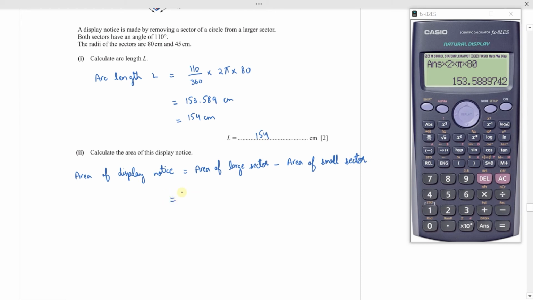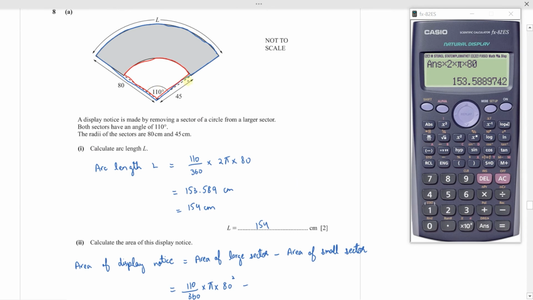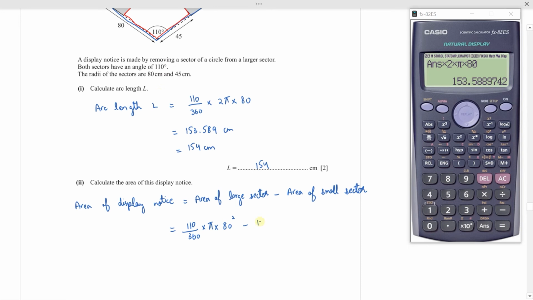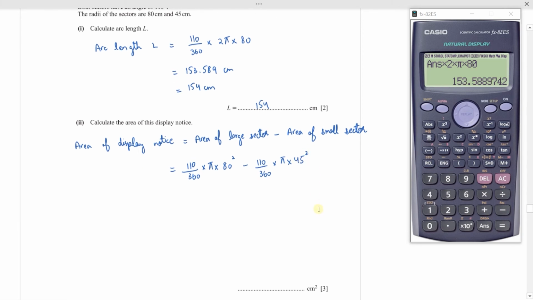So area of large sector will be 110 over 360 into pi r square, where r is 80. And then area of small sector, the angle remains the same, just the radius changes. So area of small sector will be 110 over 360 into pi into r square, where now your radius is 45. So now I can take 110 over 360 into pi as common to make the calculation easier.